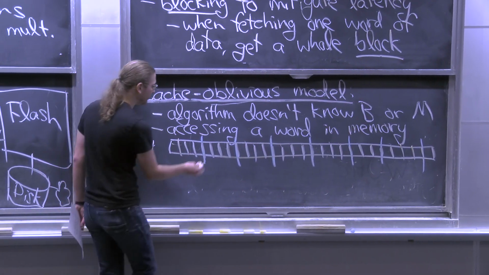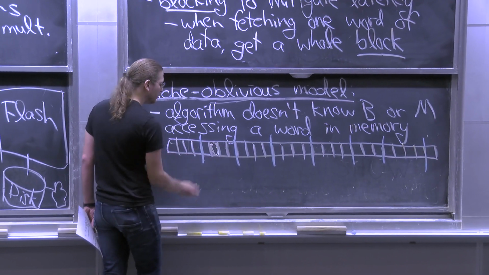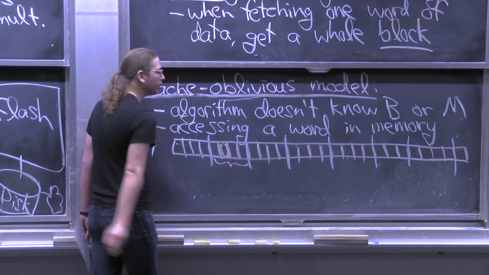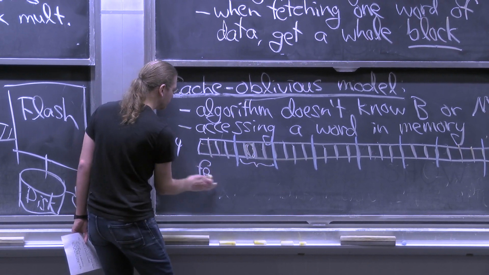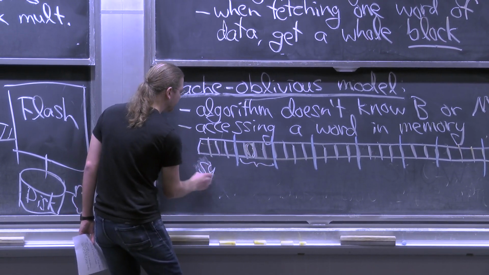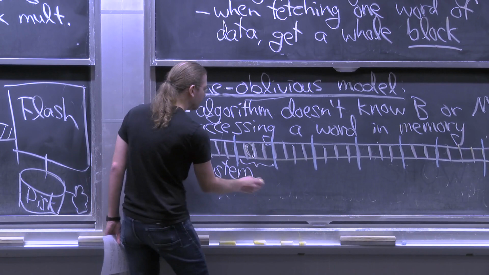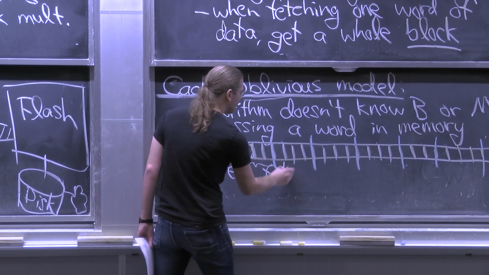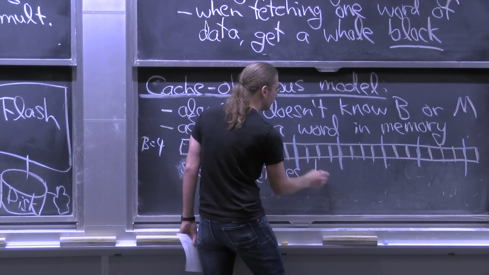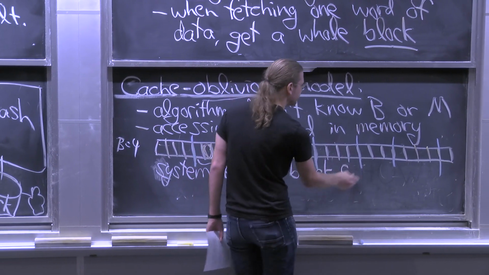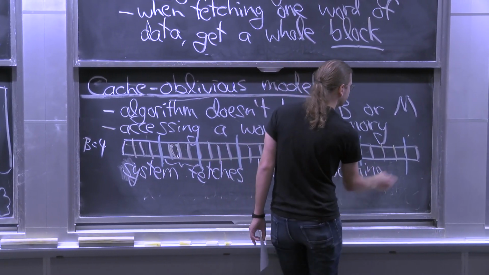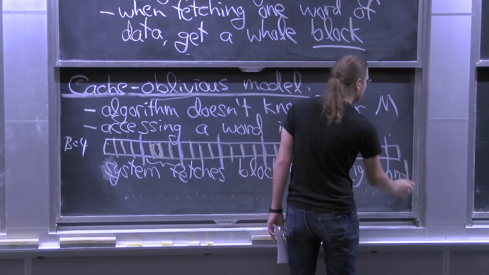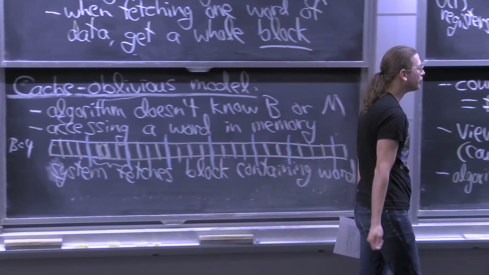When you access a single word like this one, you get the entire block containing the word. Let's say, to emphasize, it's not you personally. The system somehow fetches the block containing that word. It has to do this automatically.